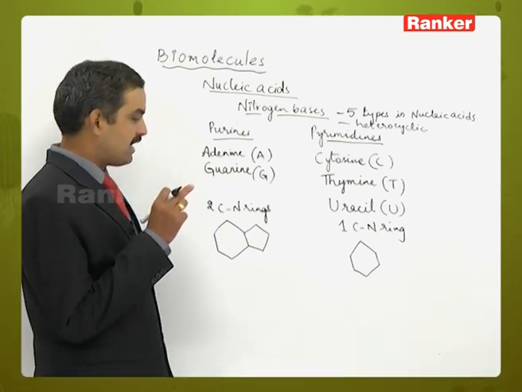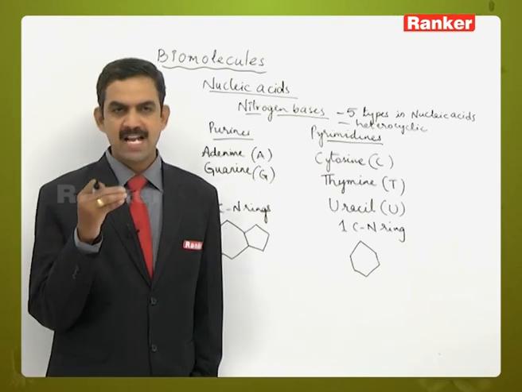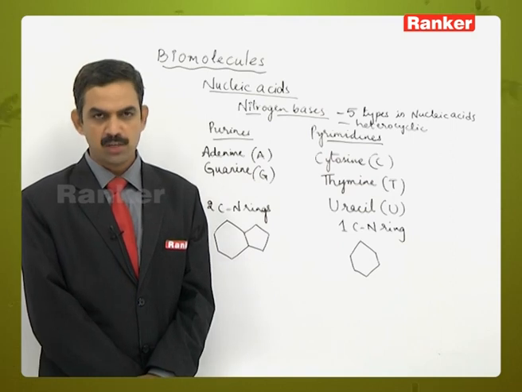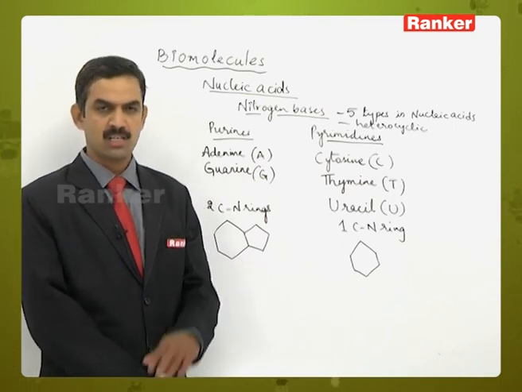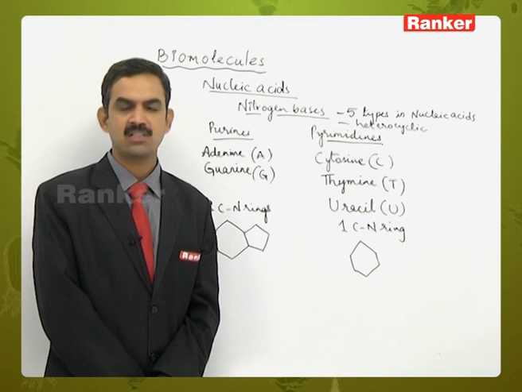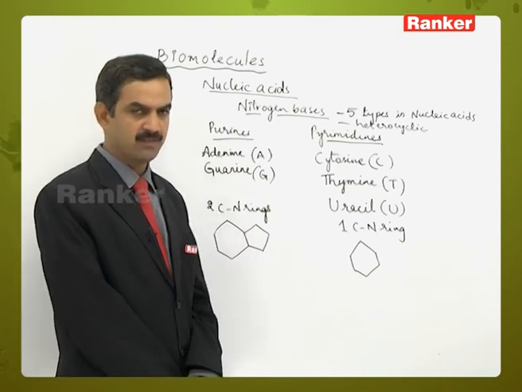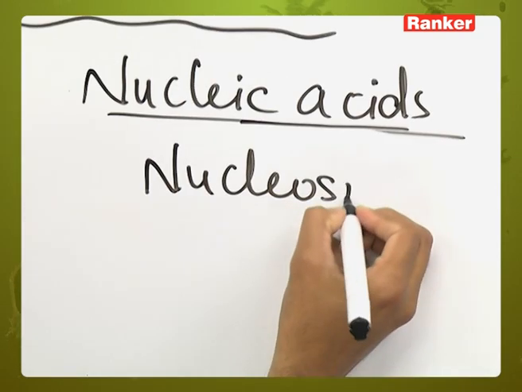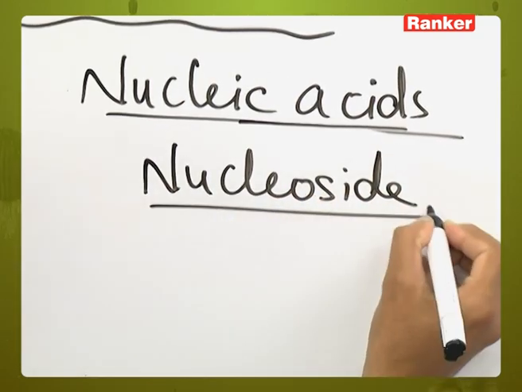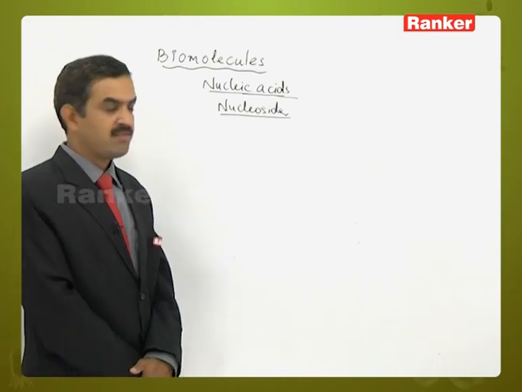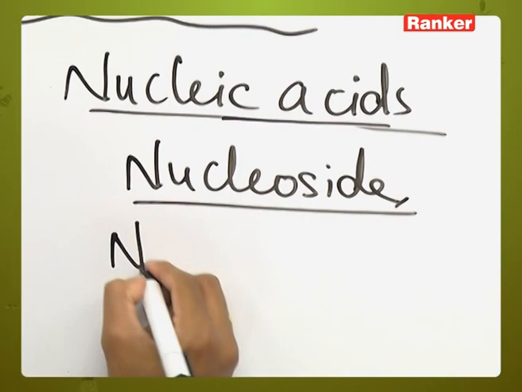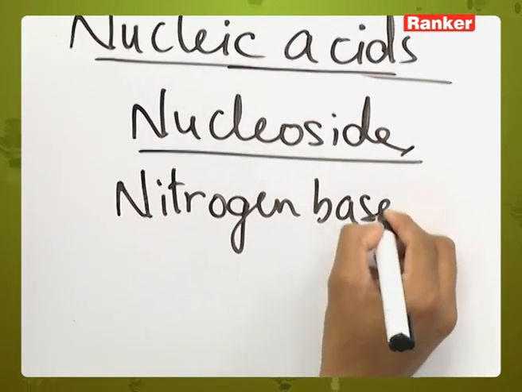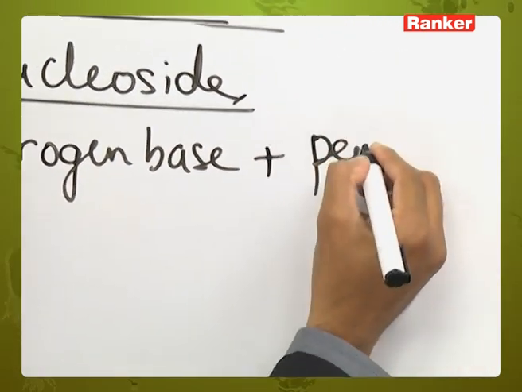Then in the formation of the nucleic acids, the purines and pyrimidines will combine with the phosphate molecules and also with the sugar molecules. In that process, they form either the nucleoside or the nucleotide. So let's first discuss nucleoside. A nucleoside is the one which contains one nitrogen base plus pentose sugar.